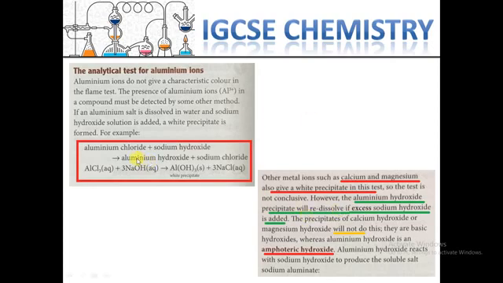According to this reaction, we get a white precipitate of aluminium hydroxide, then we can identify that the compound contains aluminium. The aluminium ions, which are 3 plus, that means it's a cation, a positive charge.